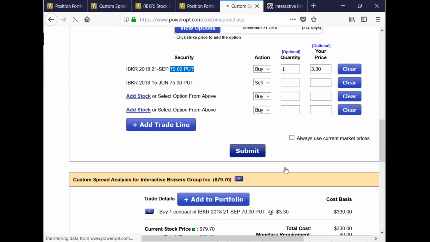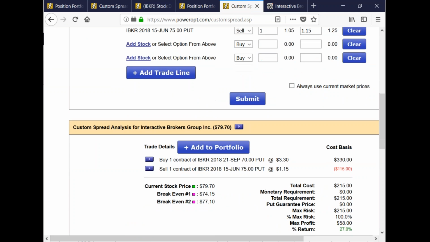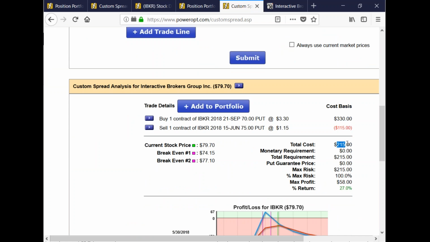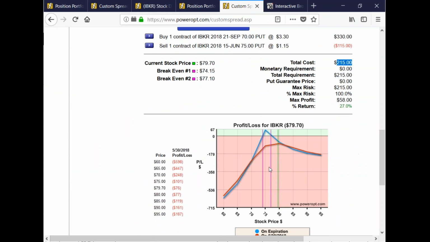Now this is effectively like a bull put spread, and I may have to put up margin to do it, but I've taken the risk down to 2.15, and if the stock pulls back and is trading at 75, I'm at a gain still, where I might still be at a loss on the 70 put, even out to September if the stock continues to fall.